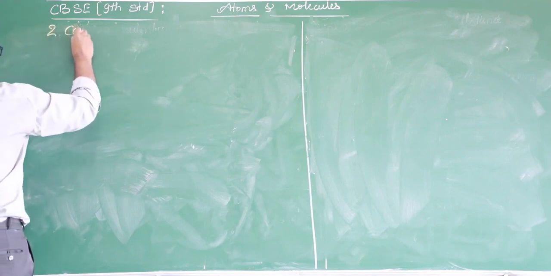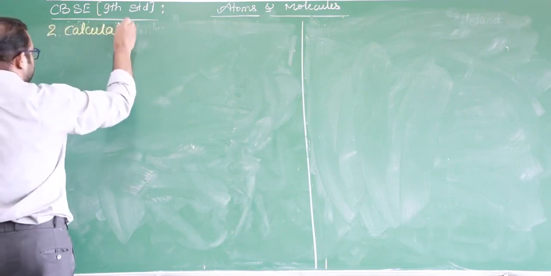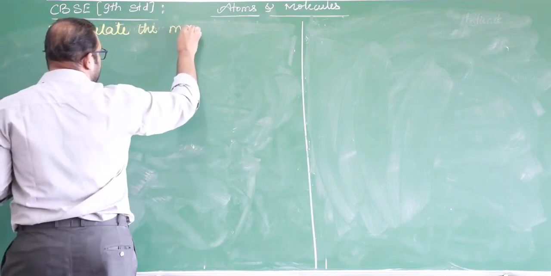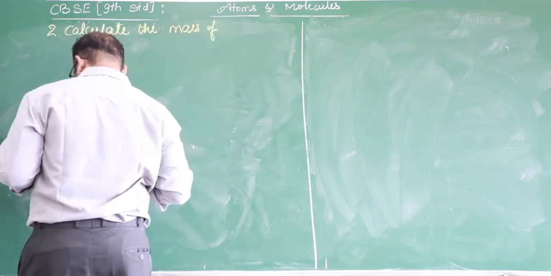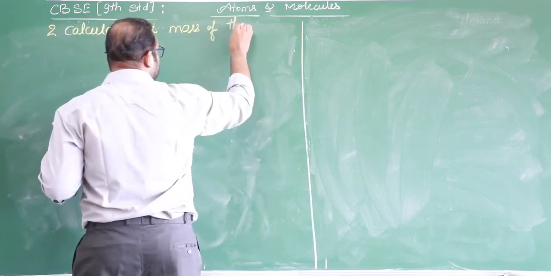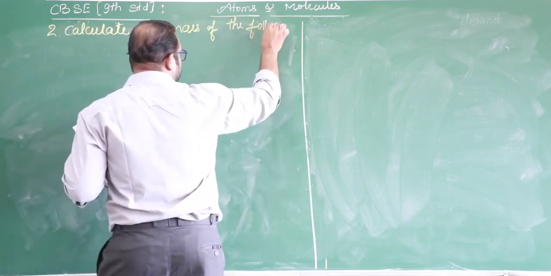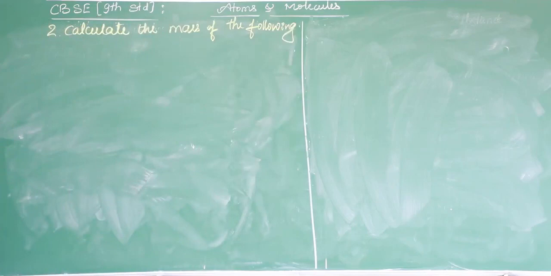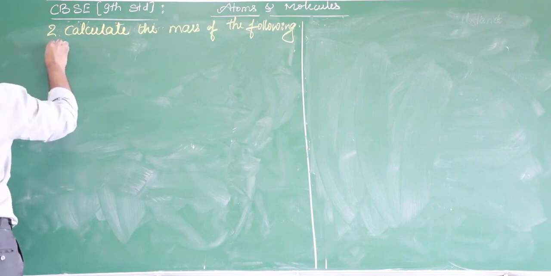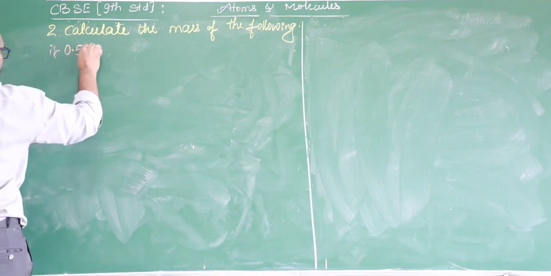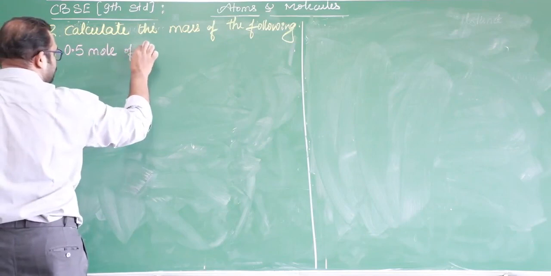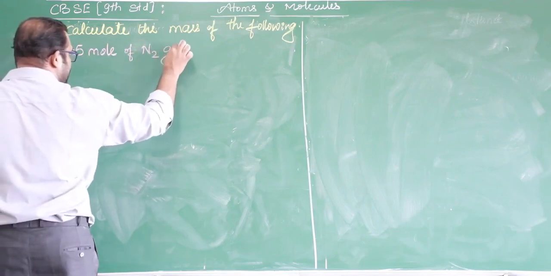Next one, calculate the mass of the following. First one, 0.5 mole of nitrogen gas.